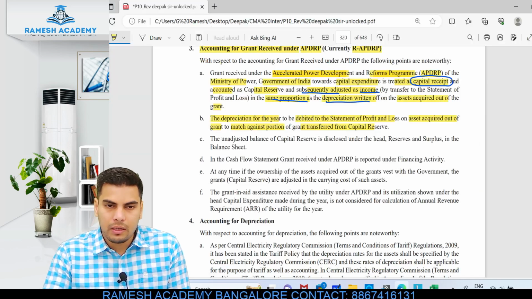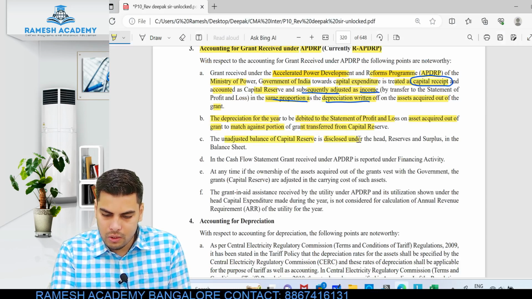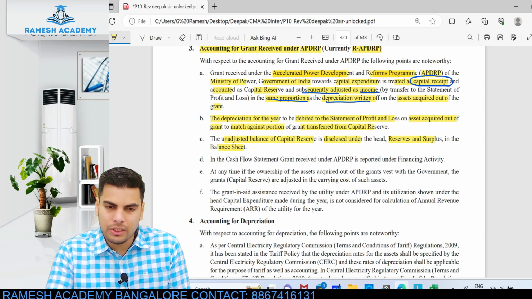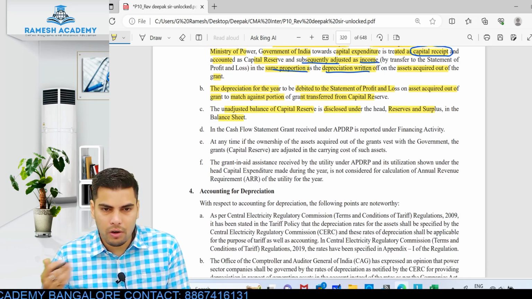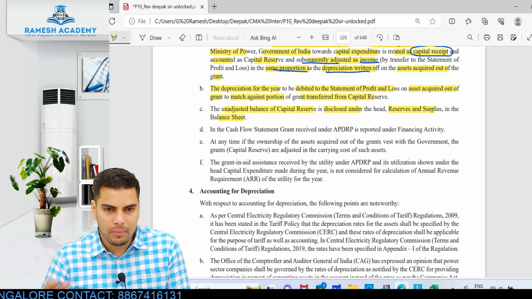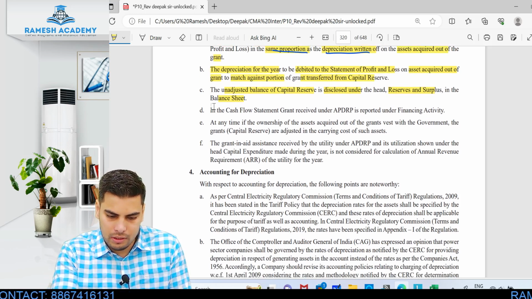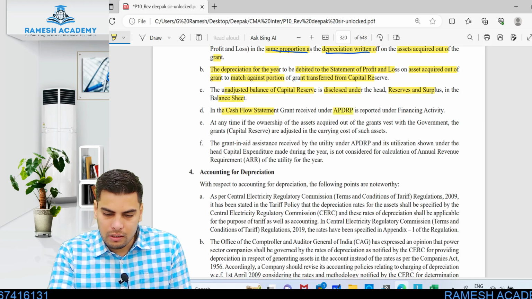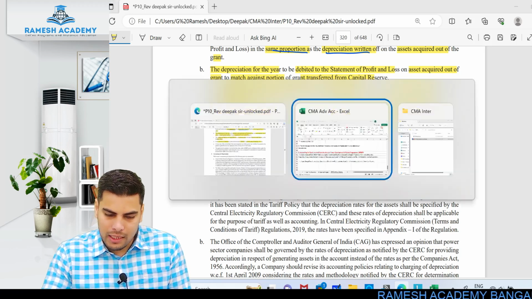Easy. Then the next thing is the unadjusted balance of capital reserve is disclosed under the head reserves and surplus in the balance sheet. You already know this. The unutilized amount, to that extent which we did not transfer to the income statement, would be available under the capital reserve, which will be shown under reserves and surplus. In the cash flow statement, the grant received under Accelerated Power Development and Reform Program is reported under financing activity.